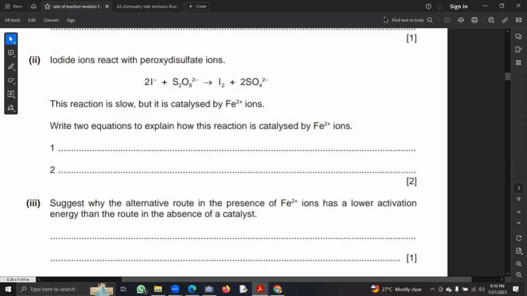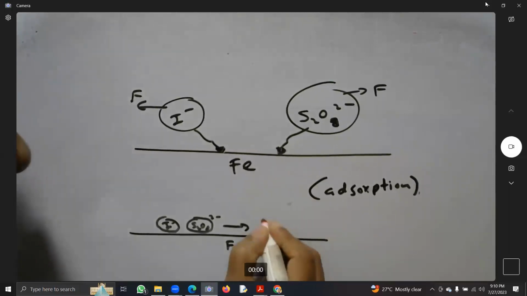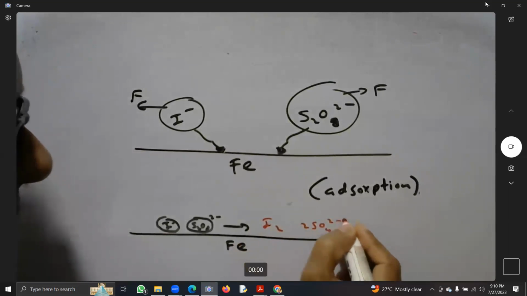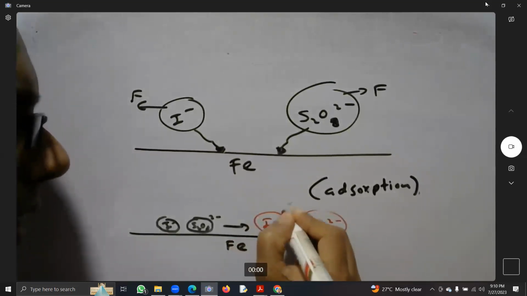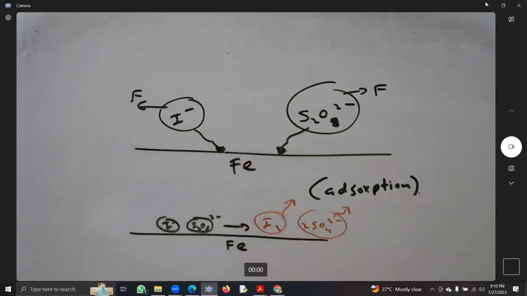They form I2 and 2SO4 2 minus. Now they can leave the surface. This is called desorption.